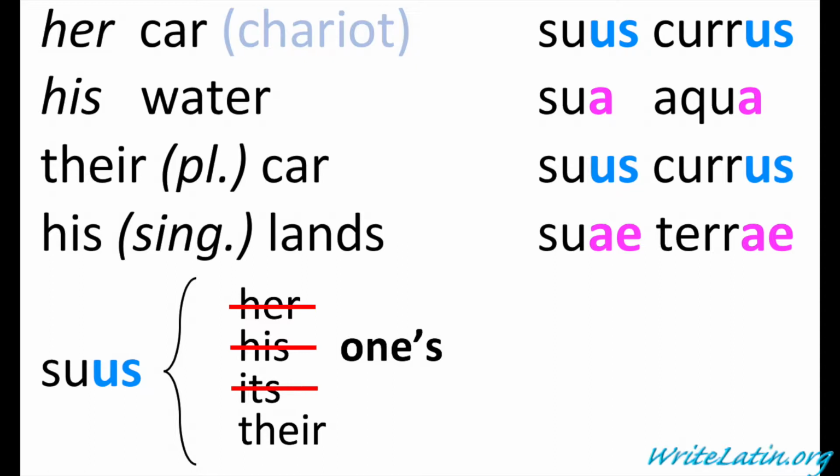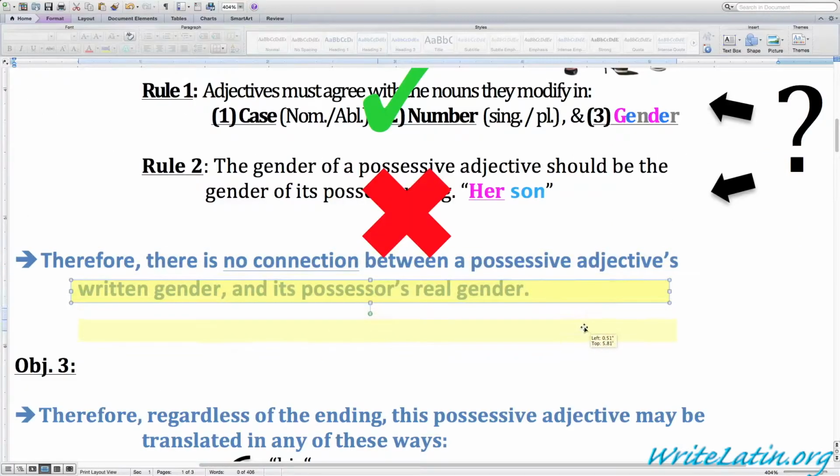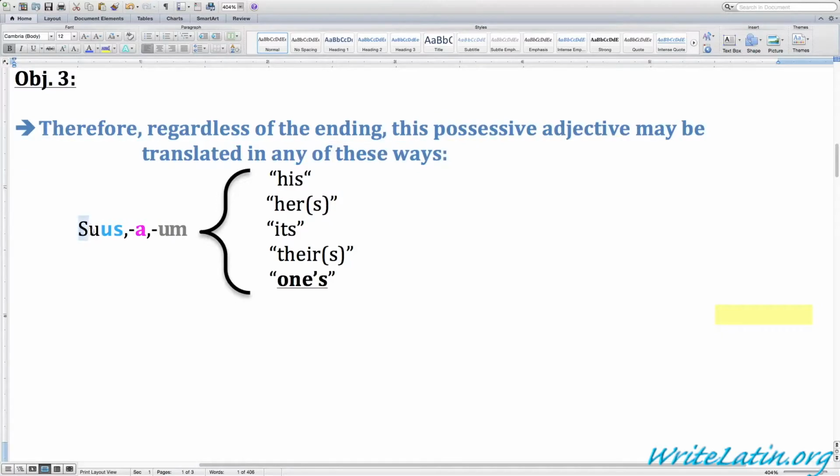So even a better translation than that would be something completely amorphic, like yonder's, because yonder might refer to a him over there yonder, or a her over there yonder, or a whole group of them over there yonder. So a possessive adjective beginning in su may be translated in any one of these ways.